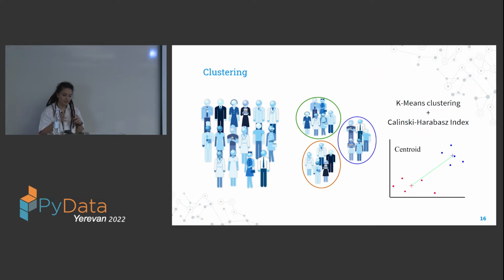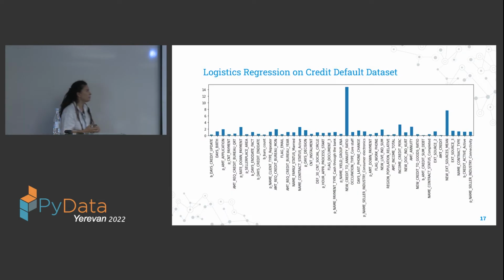With k-means clustering, you need to specify how many clusters you want, and to find this optimal number we do the clustering and use the Calinski-Harabasz index, which calculates the ratio of between-cluster dispersion and within-cluster dispersion. If we have a higher Calinski-Harabasz index for, let's say, 4 clusters, it means we need 4 clusters on SHAP coefficients.